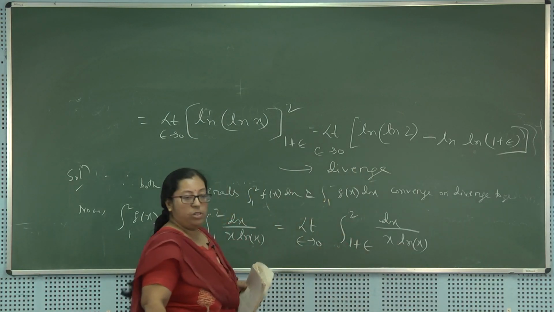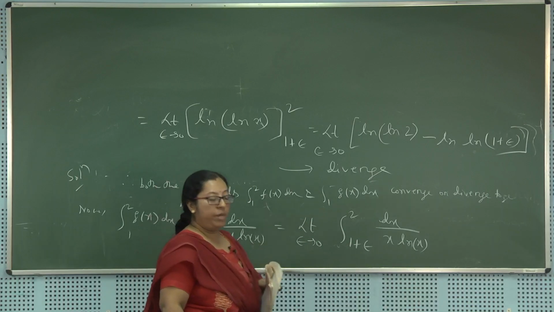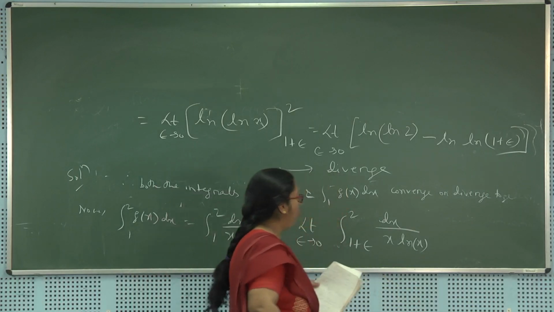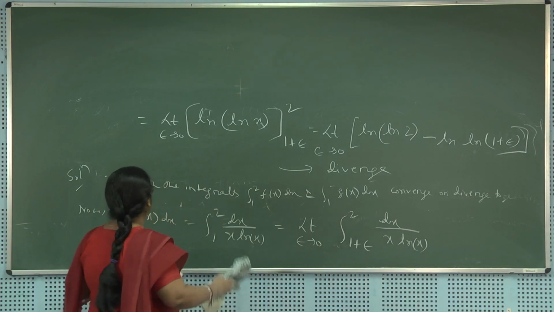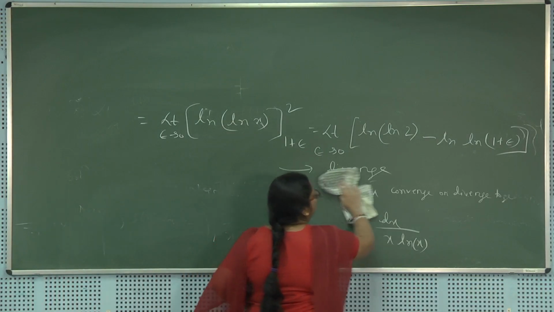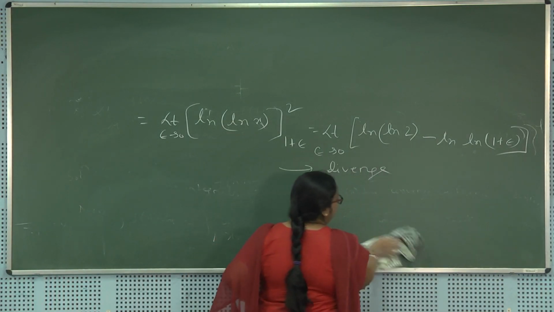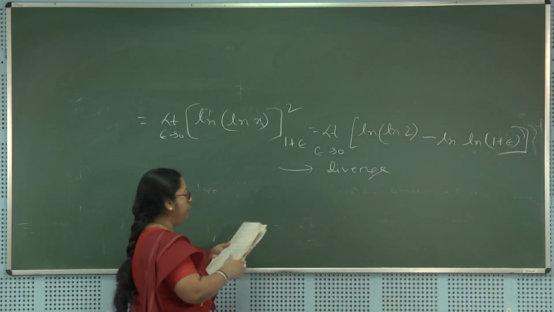Because this is divergent, by comparison test 4, my integral f x dx will also diverge, because we already said both the integrals will converge or diverge together. So, if I can show one integral is convergent or divergent, the other integral will automatically converge or diverge.